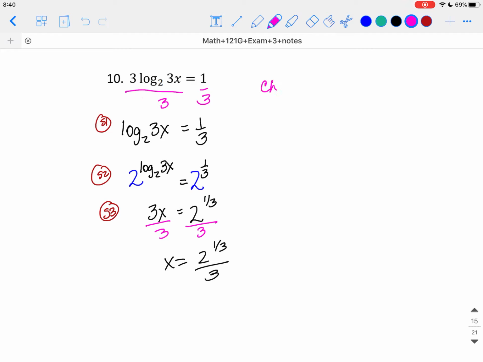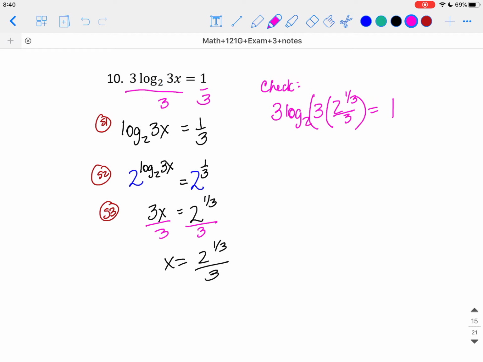But we can check our work. So we need to check it. So it's going to be 3 log base 2 of 3 times 2 to the 1/3 divided by 3 is equal to 1. So let's do parentheses.